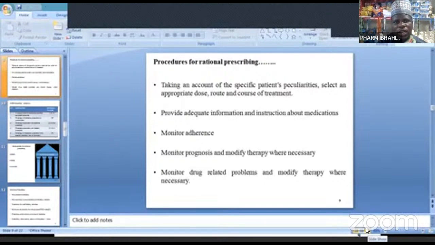Then perpetuation of public health problems. Because drugs were not used rationally, the public health problems will continue to exist in that environment.